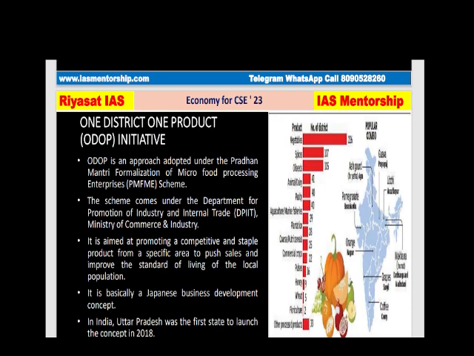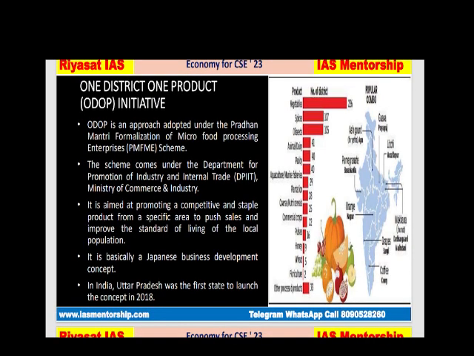Okay. Next topic, a very important and interesting topic, that is your One District, One Product initiative. Clear? Basically, as the words say, one district, one product, it's an approach adopted under which scheme?